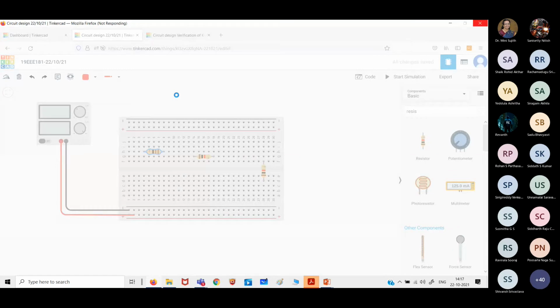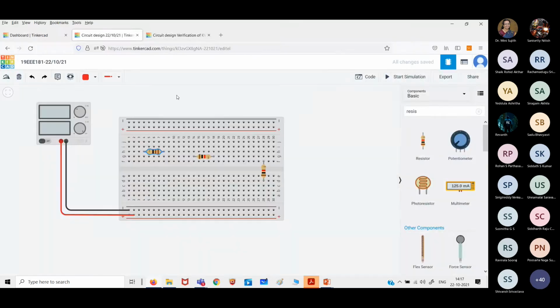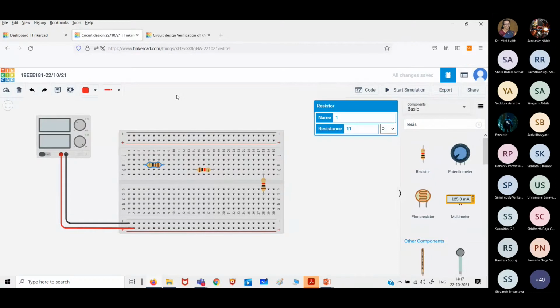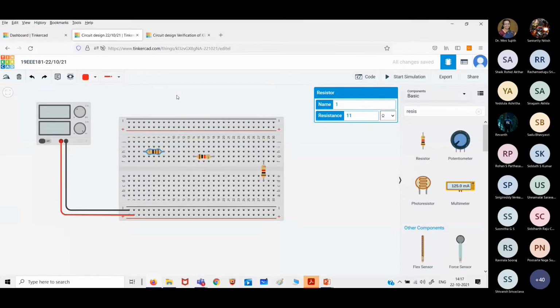So tell me, what are the connections? Your 10 volts positive connected to the 11 ohm resistor. Just follow exactly what is there in your manual. If you tell me and connect, you will also understand. Start from the supply, 10 volts, is it not connected to the 11 ohm resistor?